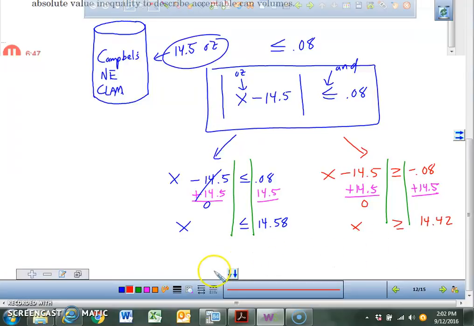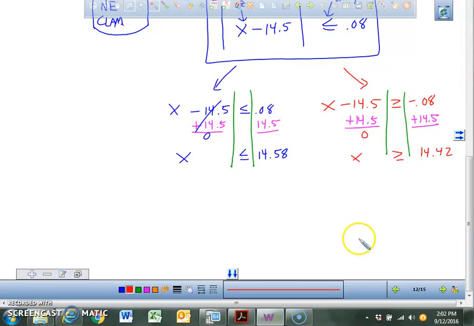All right, this is an and statement, correct? So we have to say the set of all ounces of soup, notice x, such that the ounces of soup could have a minimum value of something and a maximum value of something, and it could be less than or equal to the maximum but greater than or equal to the minimum.